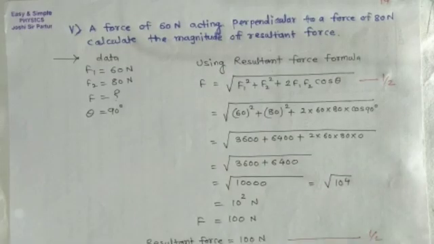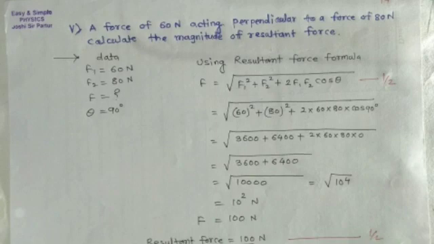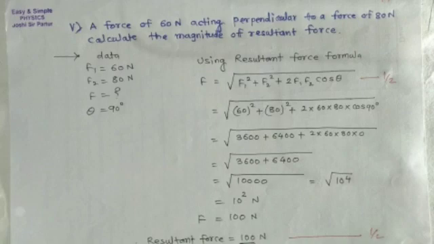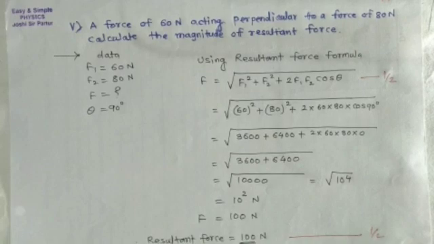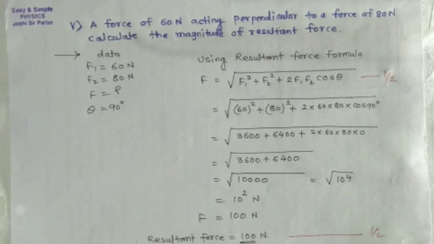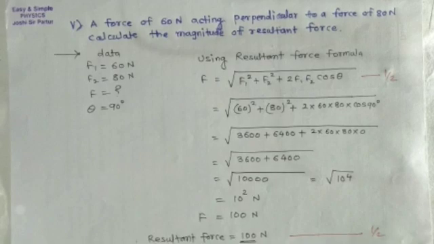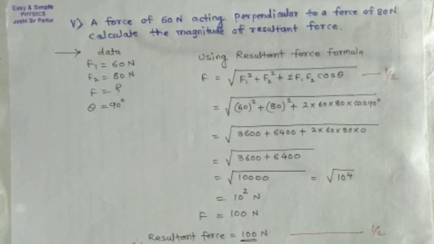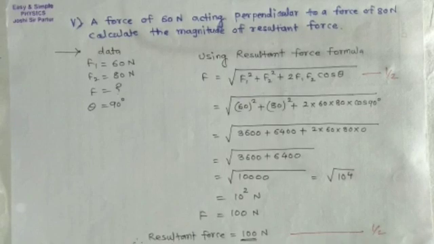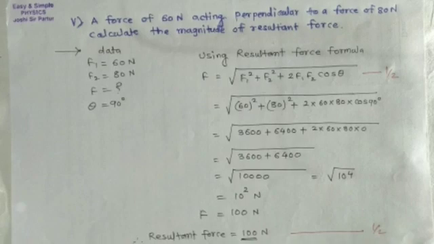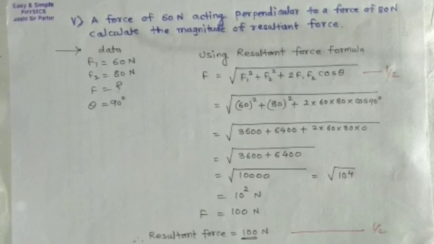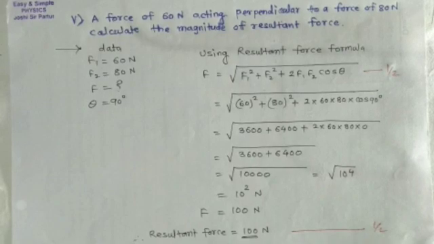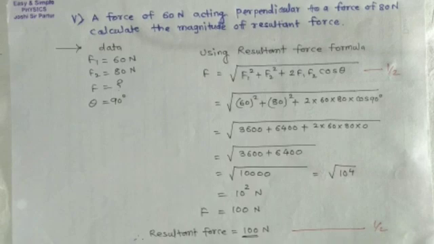Question number 5 is a numerical. In this numerical, half mark for the formula and half mark for the correct answer. A force of 60 Newton acts perpendicular to a force of 80 Newton. Calculate the magnitude of the resultant force. Given two forces, F1 is 60 Newton and F2 is 80 Newton, and we can find the resultant force.